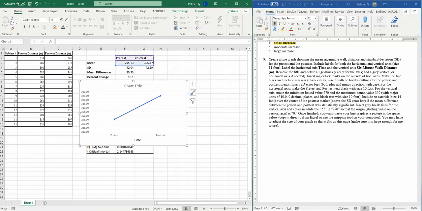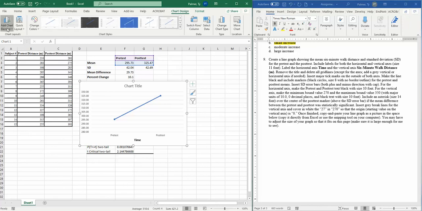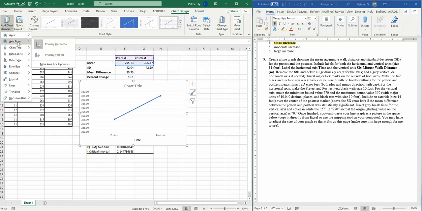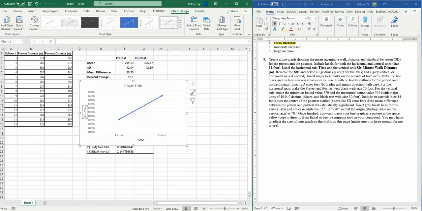Highlight the graph, go to Chart Design, go to Add Chart Element, go to Axis Title, go to Vertical, and then let's change that vertical title to what it says here, 6-minute walk distance.